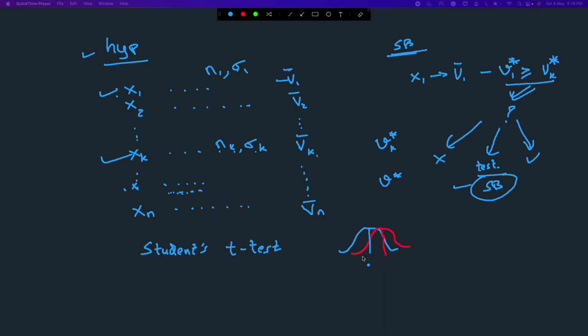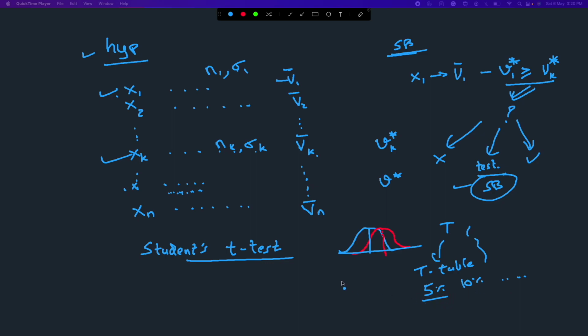For that you can use the student's t-test, which calculates a t value using all these 6 numbers, combining them in such a way. Using this t number, you can compare it against the t table. This t table will give you different entries for 5% error, 10% error, and so on.